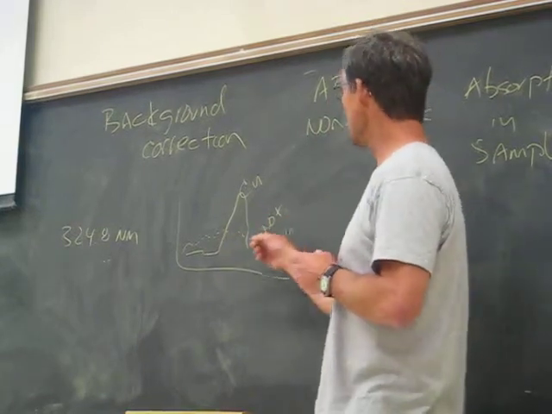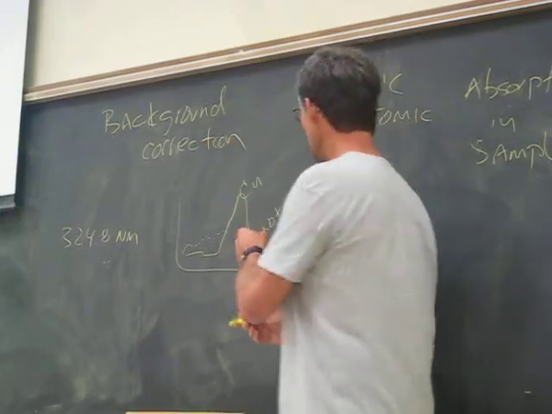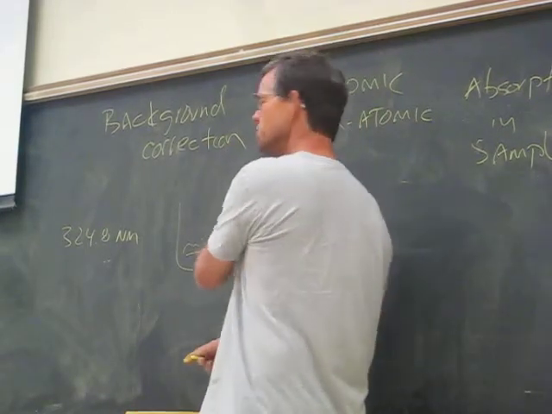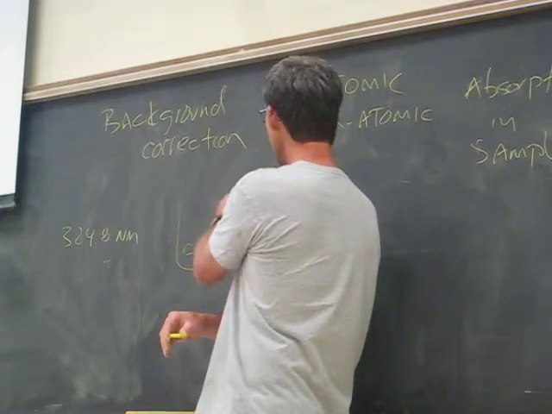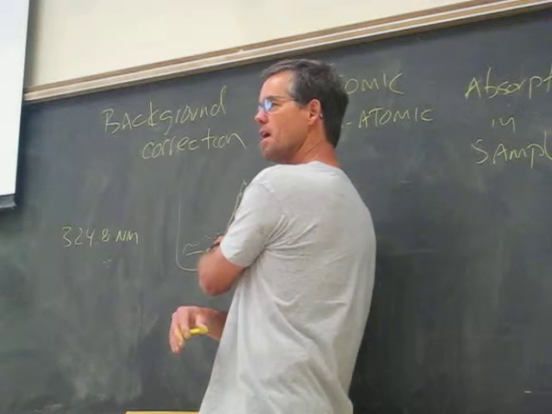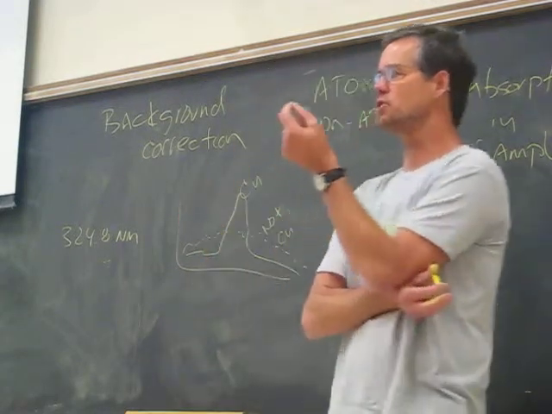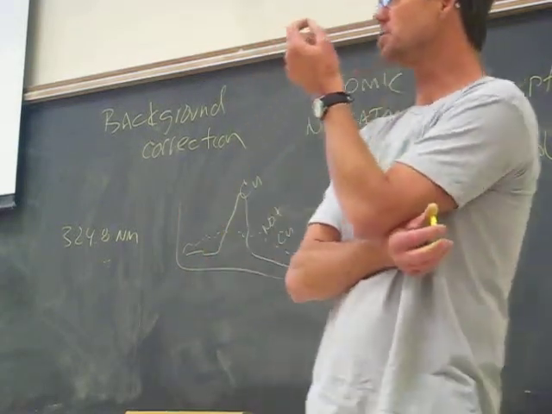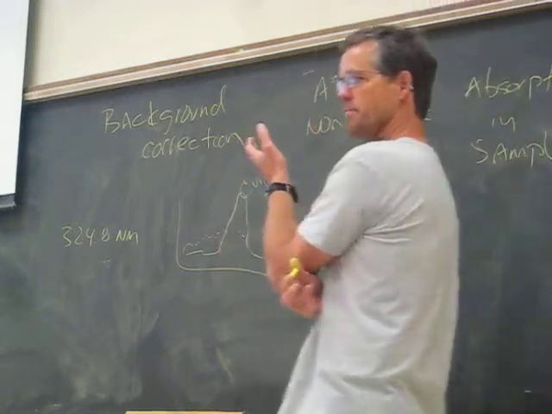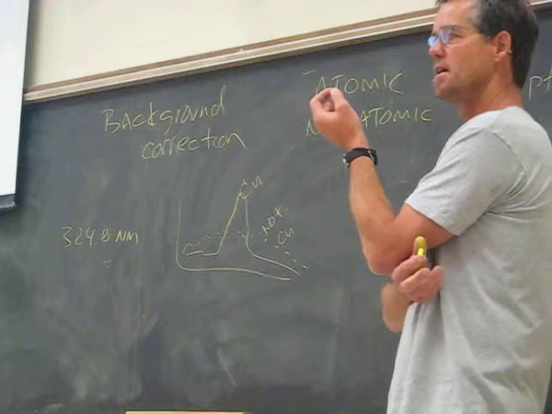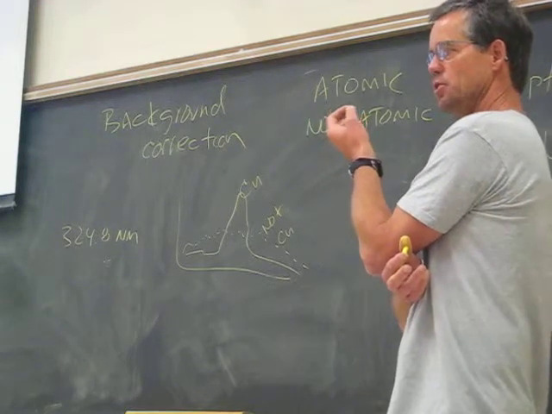If you don't have it, like in your case, the total signal you're measuring, which is all you're capable of measuring, is contributed by your analyte plus some non-atomic absorption. You cannot distinguish how much of that signal is due to the non-atomic background of your sample. You're assuming it's all due to copper. It probably is not, but you don't know that difference.